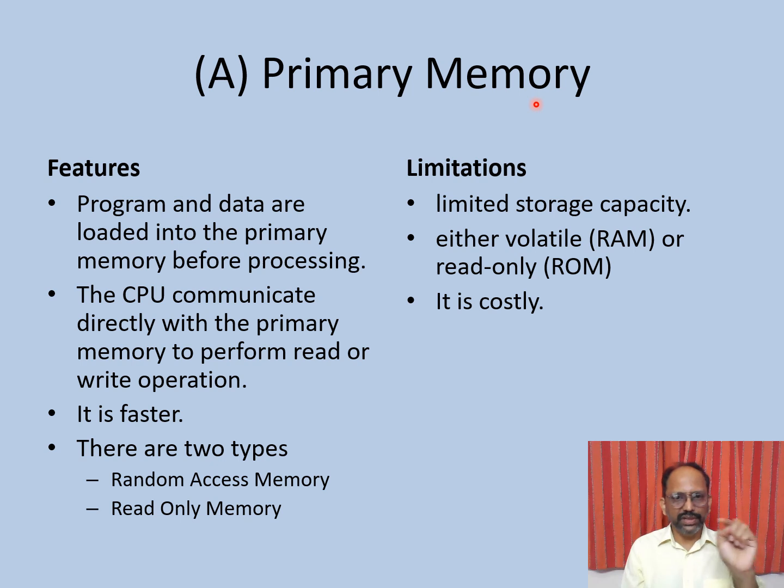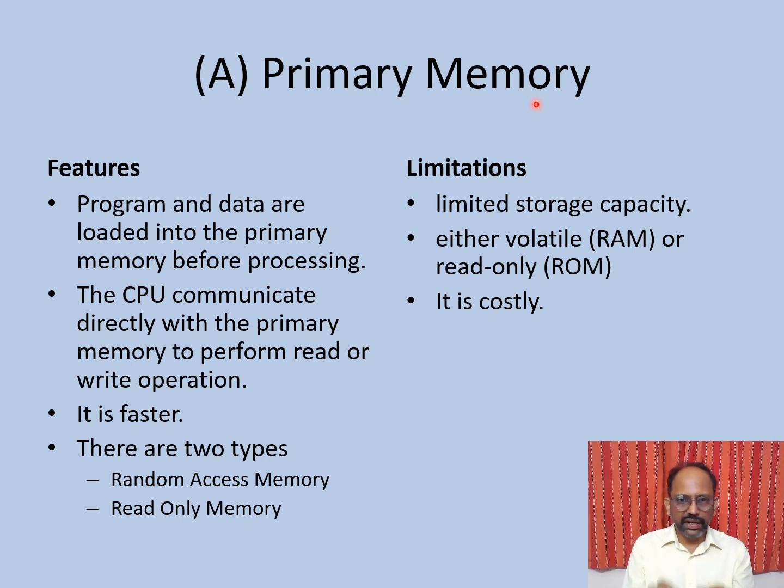It can access only the primary memory. Remember, we have a secondary memory, we have a cache memory. But first thing is, it can directly communicate with the primary memory, not with other types of memory. Therefore, it is named as primary memory.